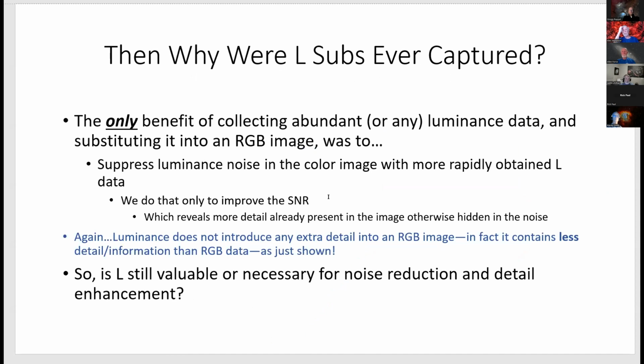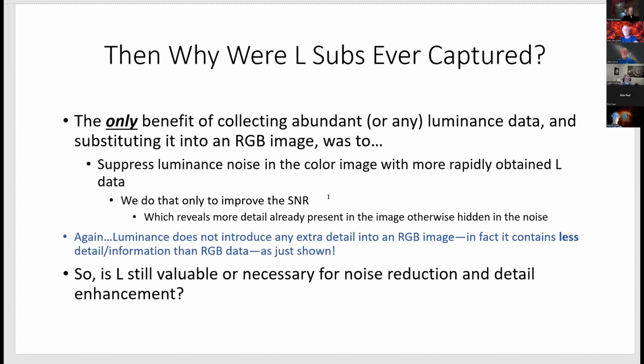So why were L subs ever captured? The only benefit of collecting abundant L data and then substituting it into an RGB image was to suppress luminance noise in the color image with that more rapidly and easily obtained L data.